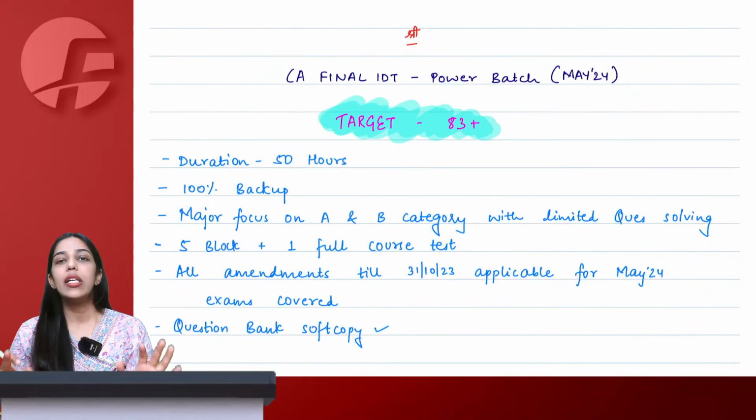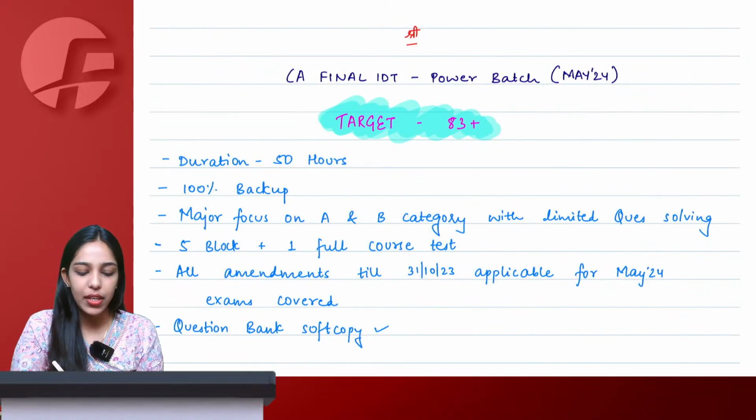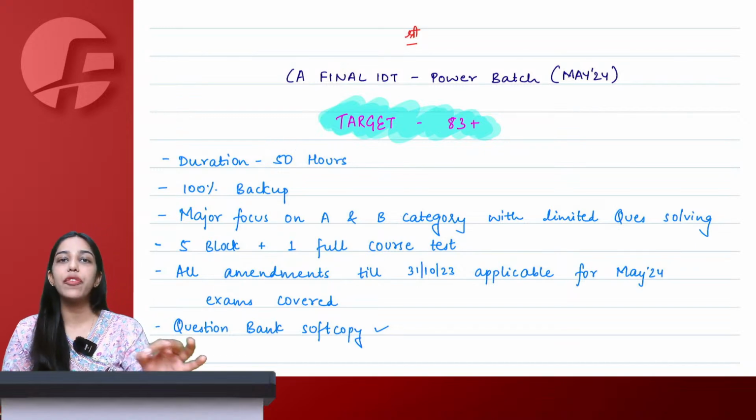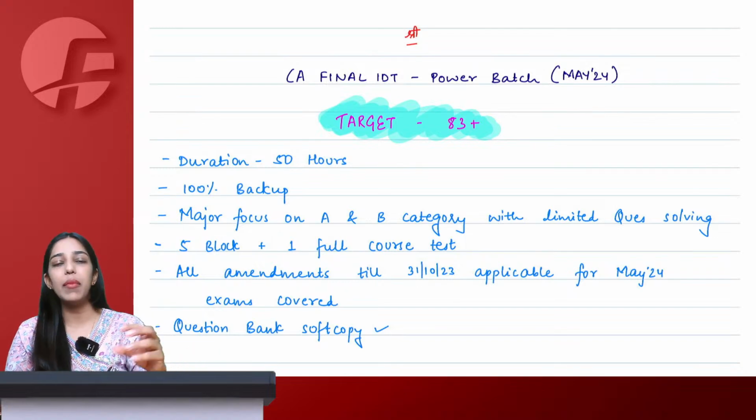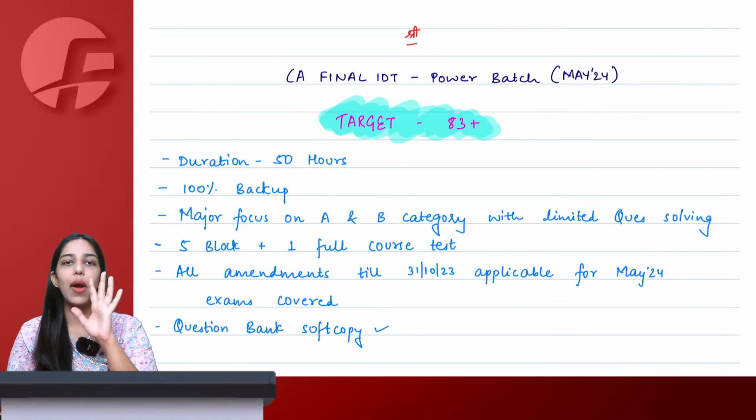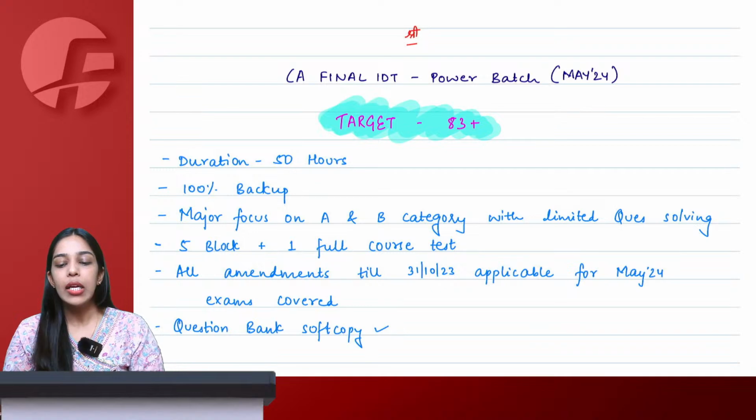First of all, the duration of this power batch is 50 hours, which simply means the batch is not for first timers. If you have studied IDT maybe 1, 2, or 3 years back and have some knowledge of the subject, this is for you.